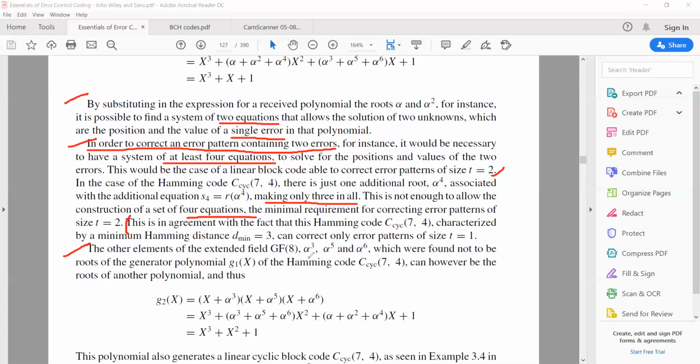that means here we have considered the generator polynomial as 1 plus x cube, but considering GF8, another possible polynomial was what? x cube plus x square plus 1, and the roots of that polynomial are alpha to the power cube, alpha 5, alpha 6. Okay, and let me just erase it.